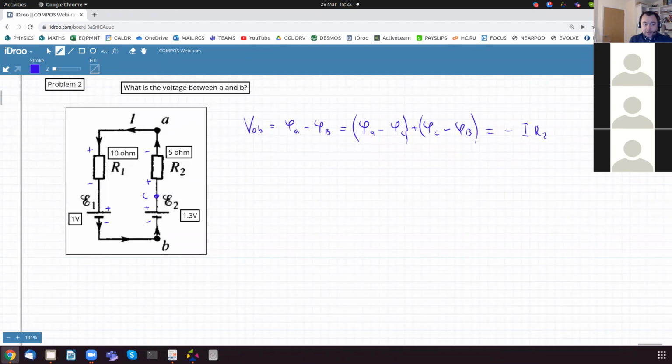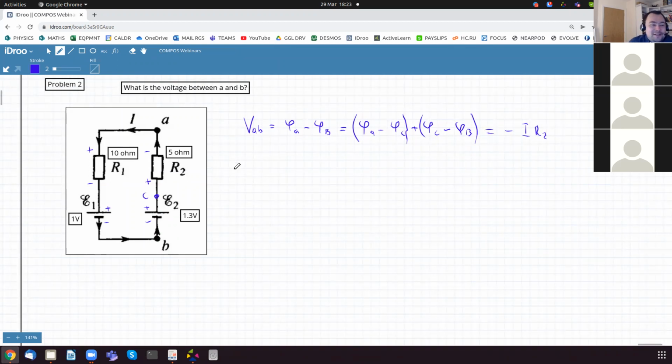So if you go backwards from A to C, you're increasing potential. So the potential at C is greater than the potential at A, and therefore A minus C is going to be a negative value. Okay, I hope that makes sense. I haven't received a reply from everyone. Please never be shy to put 0 if you don't understand.